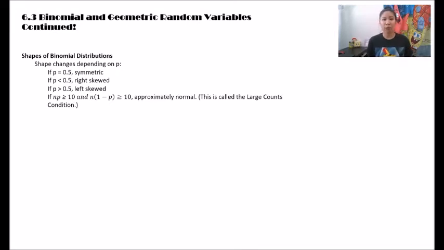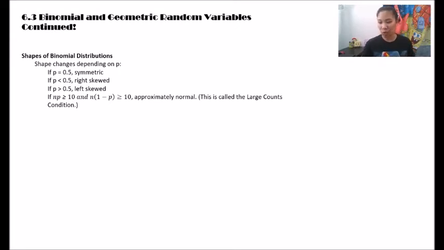So when both of these rules are fulfilled, n times p is greater than or equal to 10 and n times 1 minus p is greater than or equal to 10, this is called the large counts condition, because it's basically saying you have big numbers, or large sample sizes, which is good. So when that happens, we can use approximate normal distributions to calculate probabilities.